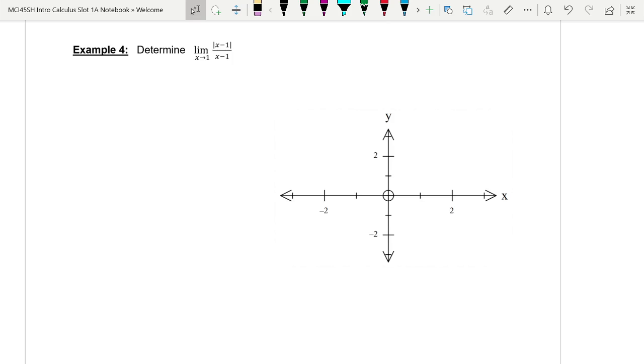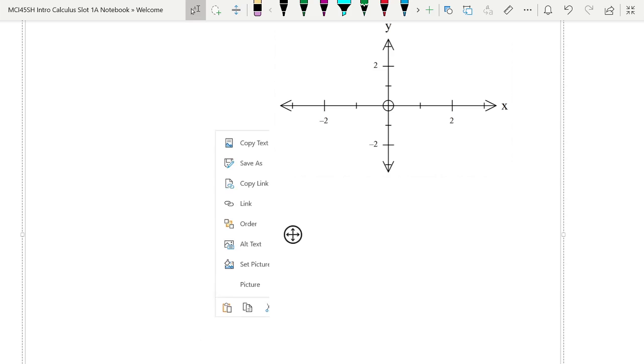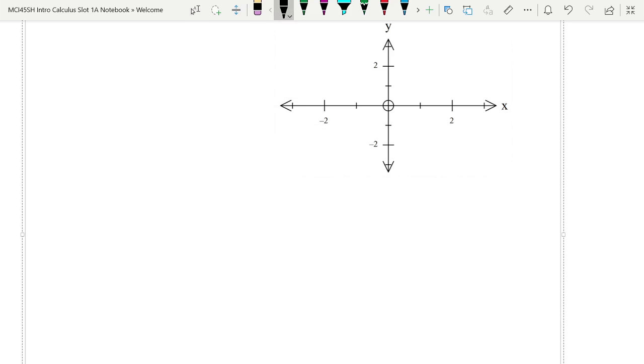Well, first of all, maybe a good idea would be to think about what would happen if it was the almost same looking function, but it wasn't an absolute value bracket.